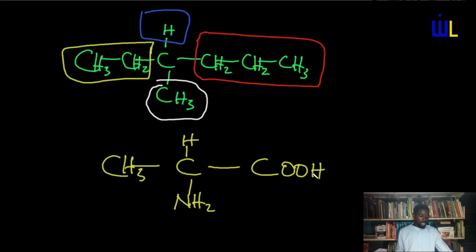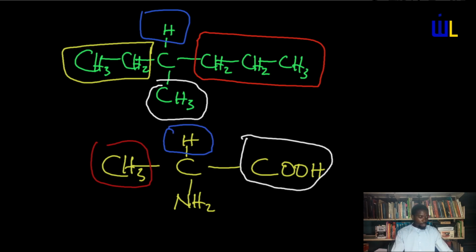Now, with this said, you will notice that we have a chiral carbon here. How do I know? This particular carbon atom is attached to 4 different species. Let's confirm that. It is attached to a methyl group on this side. On this other side, it is attached to hydrogen. On the other side, it is attached to a carboxylic group. And then finally, you have an amine group here. So what does this indicate?